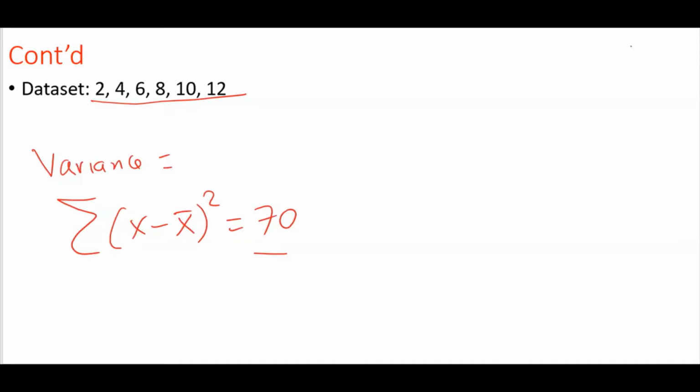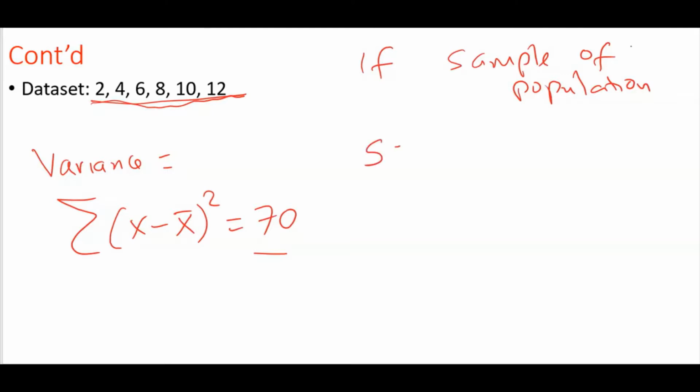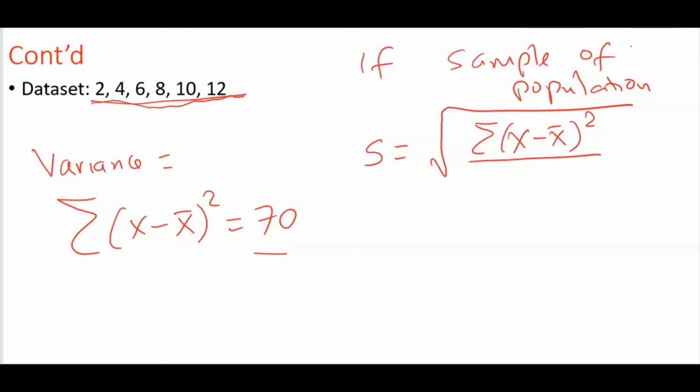First, if this data set here is a sample of the population, then the standard deviation, which is denoted as S, is equal to the square root of the summation of x minus x bar squared, divided by n, which is the number of values, minus 1. So that's just the general formula.